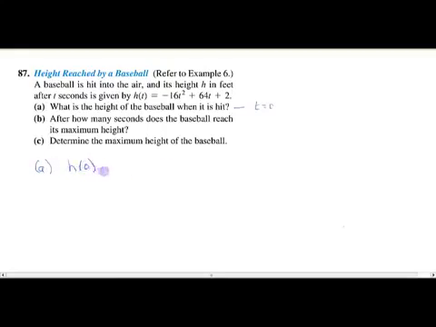In other words, the height of the ball at time 0, at the very moment it was hit, is negative 16 times 0 squared plus 64 times 0 plus 2, which is just 2. So the height of the baseball when it was hit is 2 feet, because our h, our height, is measured in feet.